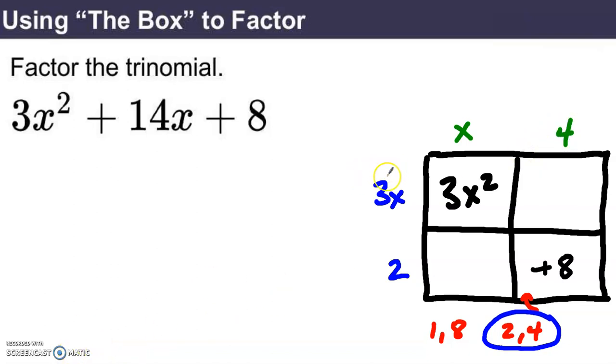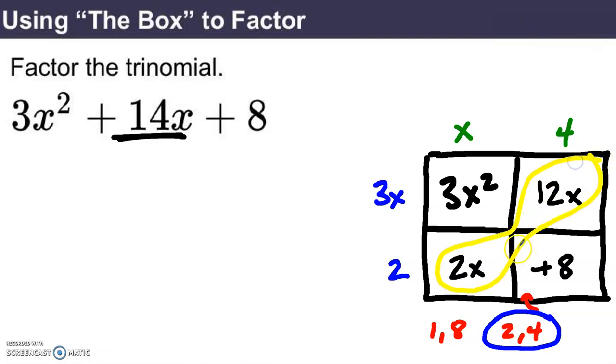Does that work? 3x times 4 is 12x. 2 times x is 2x. You know what? That's the one, isn't it? That's the one that would get these two here, just like in the last video, to add up to 14x. That's what I need. And I need them both to be positive. I need a positive 2 and a positive 4.